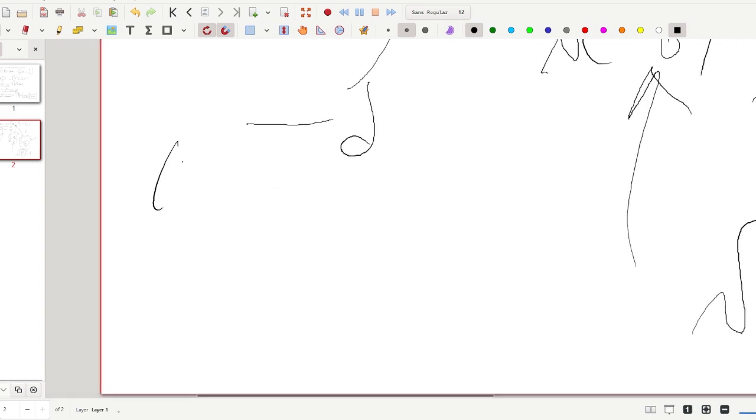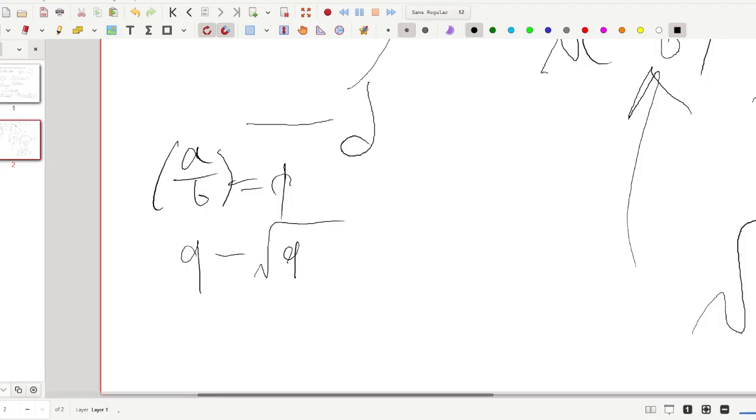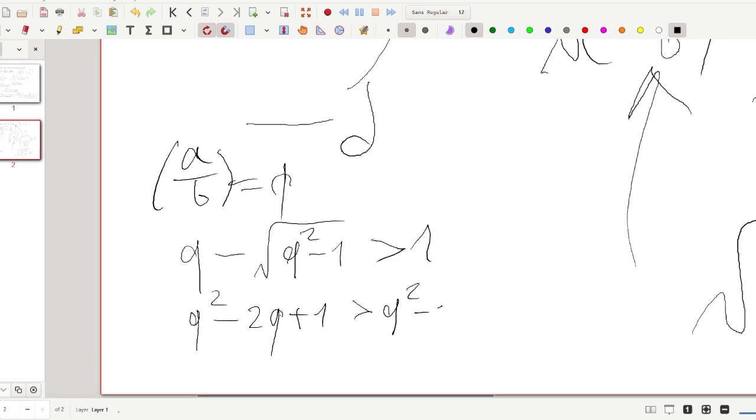First of all, I'll denote a over b as q. Need to show that q minus root of q squared minus 1 is less than 1. Now shifting 1 to the left, the root to the right, and then squaring both sides, we get q squared minus 2q plus 1 is greater than q squared minus 1.